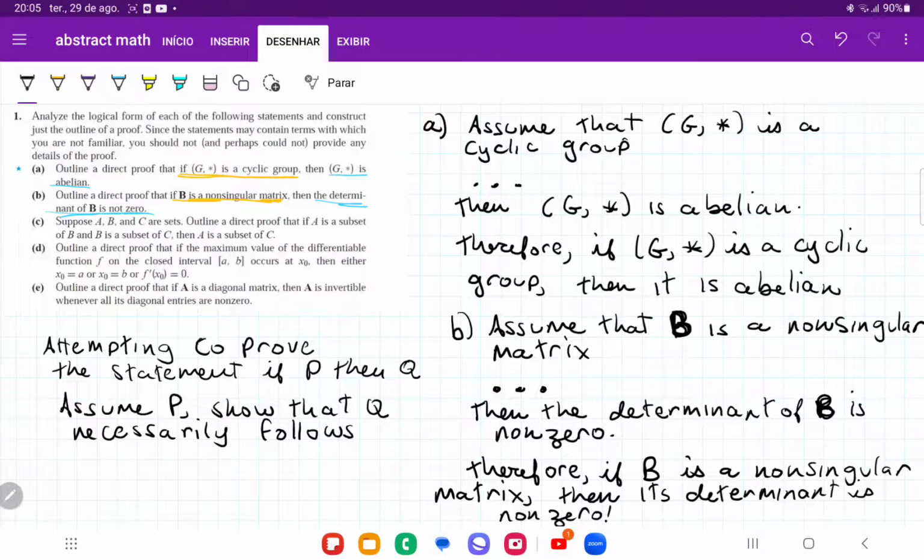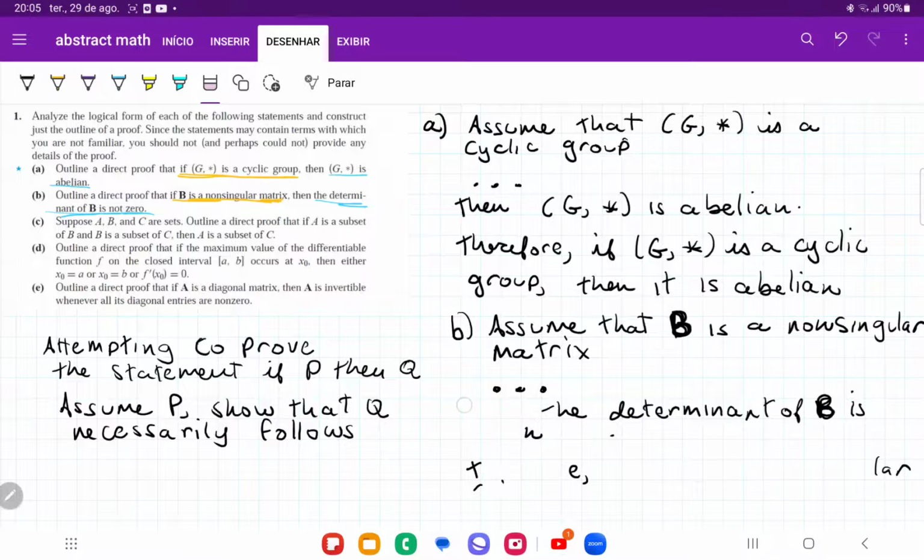So that is it for the direct proof of B. All we've done here is we've assumed the antecedent, shown that the consequent follows, and so proved the conditional. So once we've done that, let's now proceed to item C.